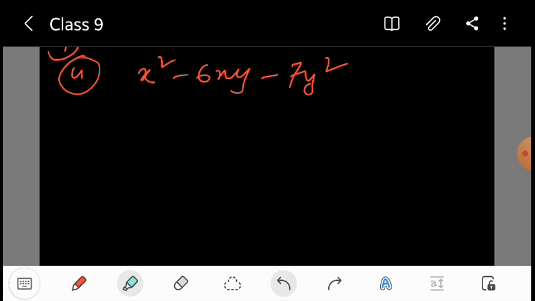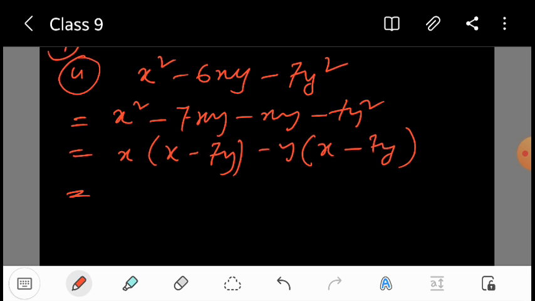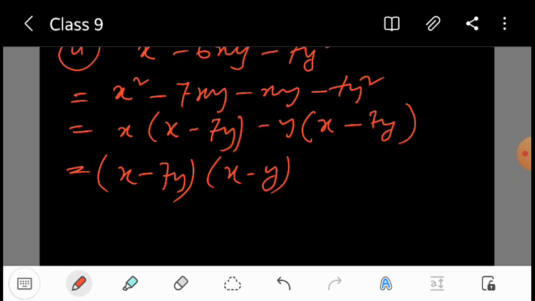So you need to break it like this, x square minus 7xy plus xy minus 7y square. If I take x as common here, that will be x minus 7y. If I take y as common here, that is nothing but x minus 7y. Now x minus 7y we take as common, we will get this. Easy.